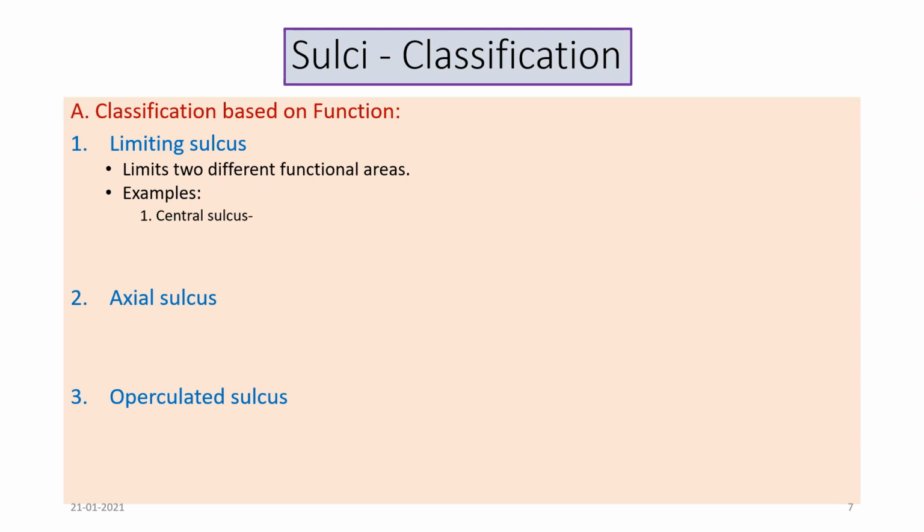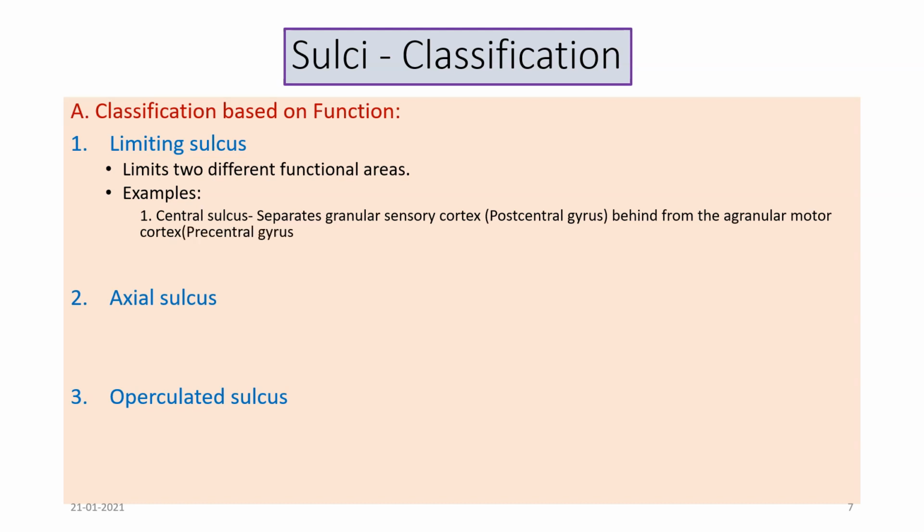One example is the central sulcus, which you will see on the superolateral surface, and it separates the sensory cortex, that is, which is granular and is located in the postcentral gyrus behind the central sulcus, from the agranular motor cortex, that is precentral gyrus, in front of this central sulcus.